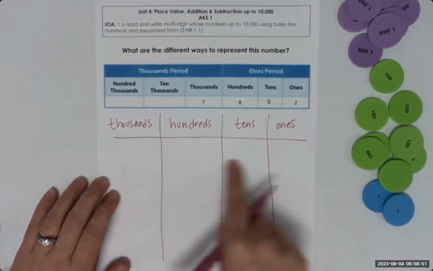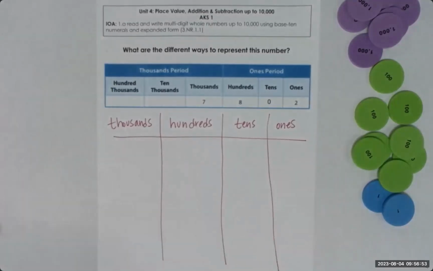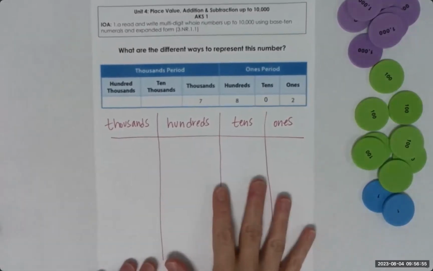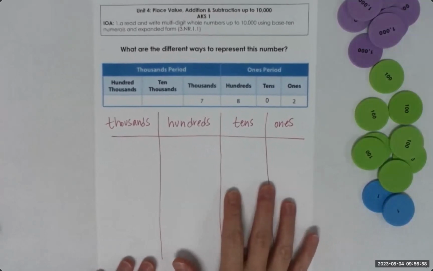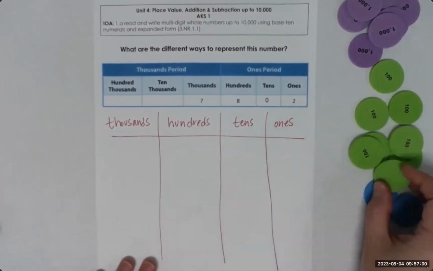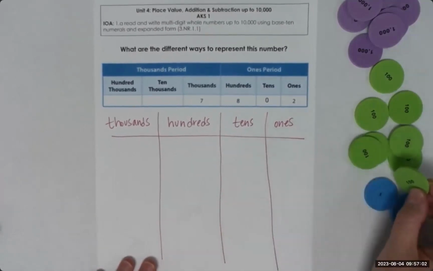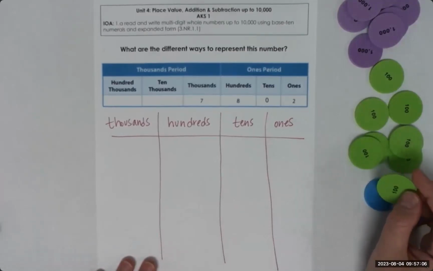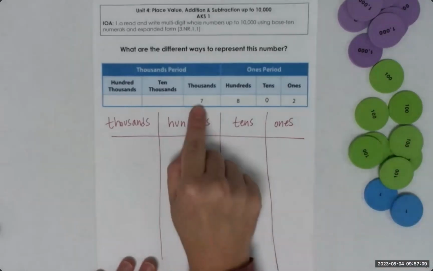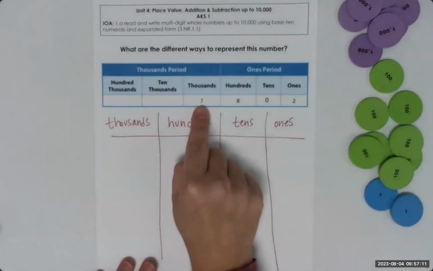Now that I have my place value chart, you would want to build this like I am under the document camera, or use magnetic place value discs and build this up on your board for students to see. Either would work. So here I want to build a number and it needs to have 7 thousands.